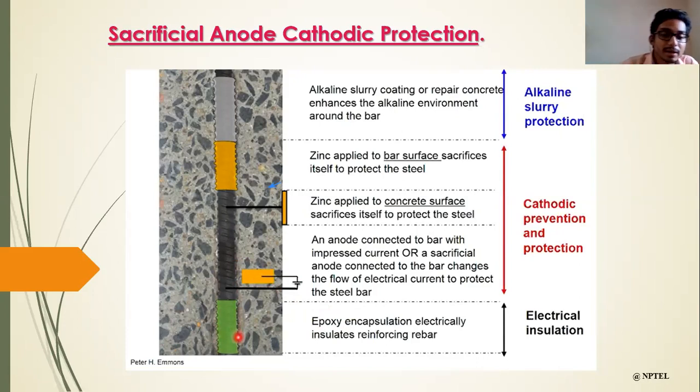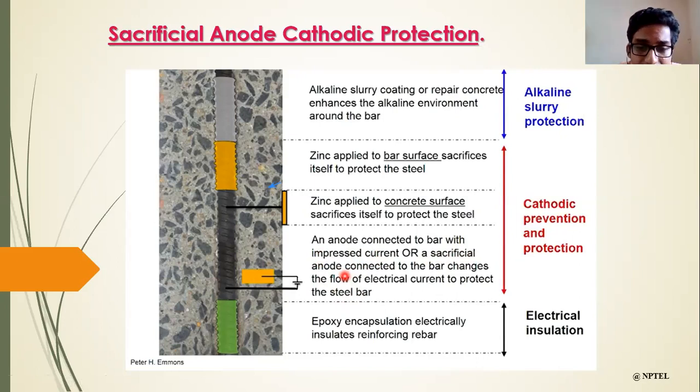So in the next slide we'll study the sacrificial anodic method. I found that sacrificial anodic method quite important, and it's quite easy to adopt. The principle of the impressed current method and the sacrificial anode method is quite similar, but in the case of the impressed current method, we have to give a current system.